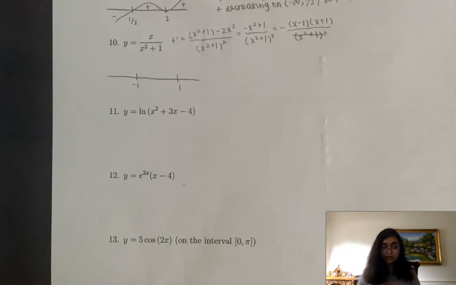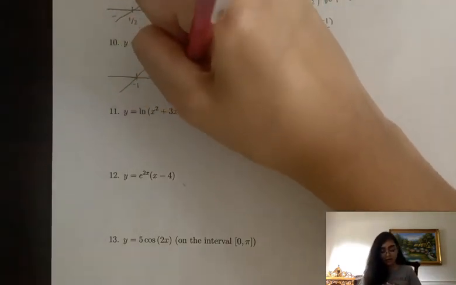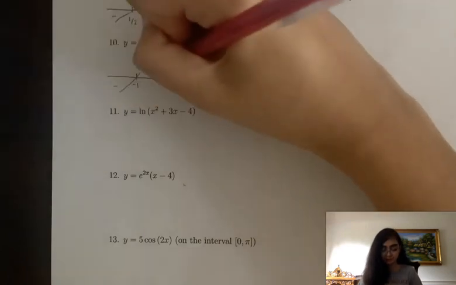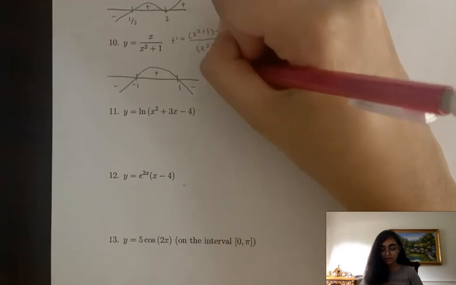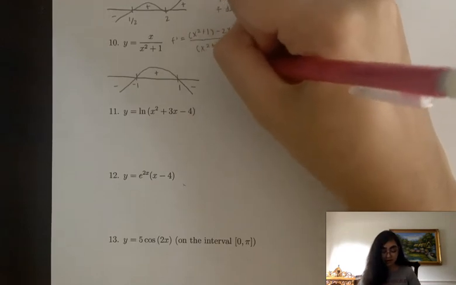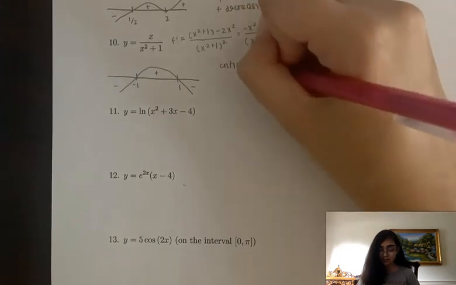So in this case, our sign chart is going to be even negative. It's basically going to be an upside down parabola, and it's going to cross the axis at -1 and 1. That means that in this case, our critical points are at x equals -1 and x equals +1, because that's where f prime is equal to 0.